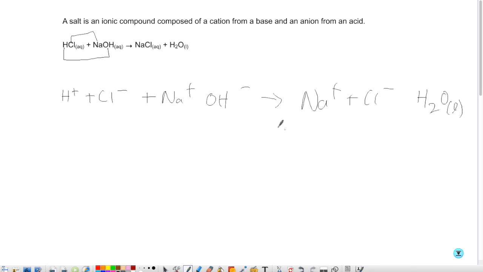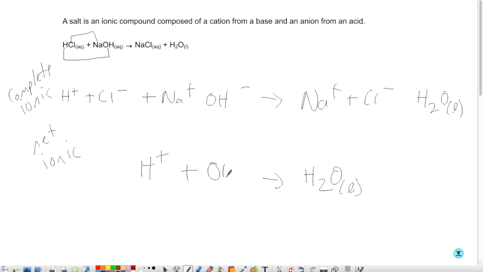Now if I ask you to find the net ionic equation, so this was the complete ionic. What about the net ionic? Well, the net ionic is going to be the formation of the product, which is H2O. This is H plus and OH minus.